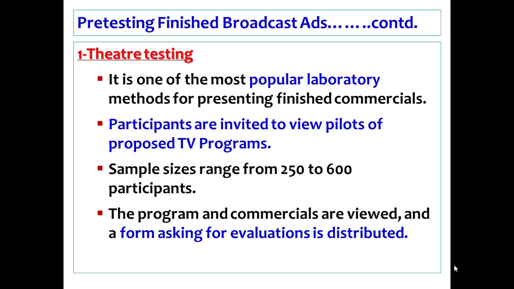After watching the proposed TV programs, which are embedded with the advertisement, they are asked to answer a questionnaire to give their evaluation of the advertisement they saw, and they can also rate the attractiveness of the proposed TV programs too. So after they watch the TV programs, the research group distributes a questionnaire for the customers to fill in their evaluation.